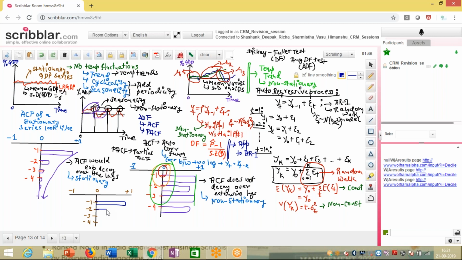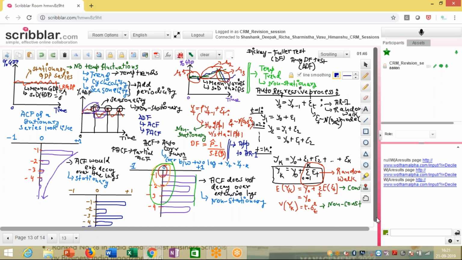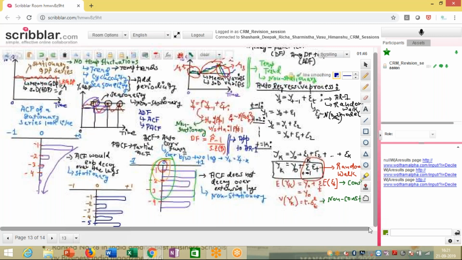But again, in the -3 lag, this is somewhere like this. Then this is like this. Then in the -5th lag again, you see it spikes up. One thing you can see here is that this spike has happened very periodically, at every alternate period.